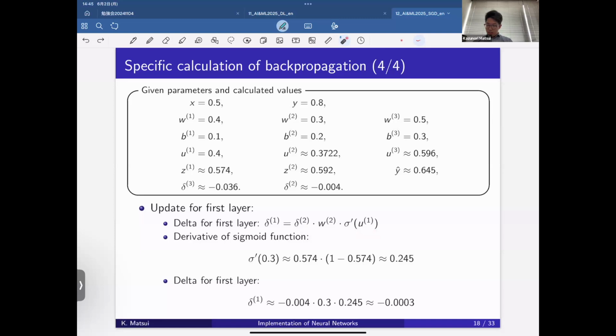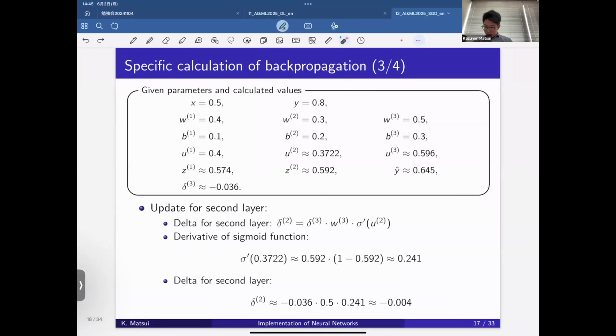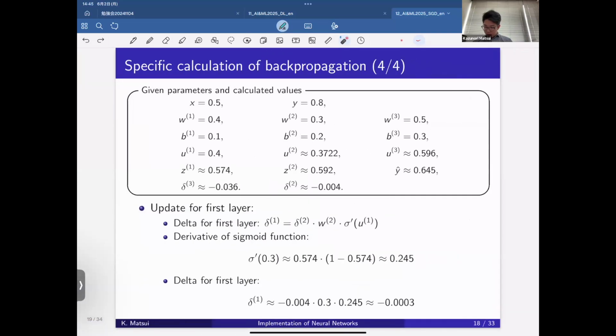U1 is 0.4, so it should be 0.4. When we calculated this, we find it's 0.245.